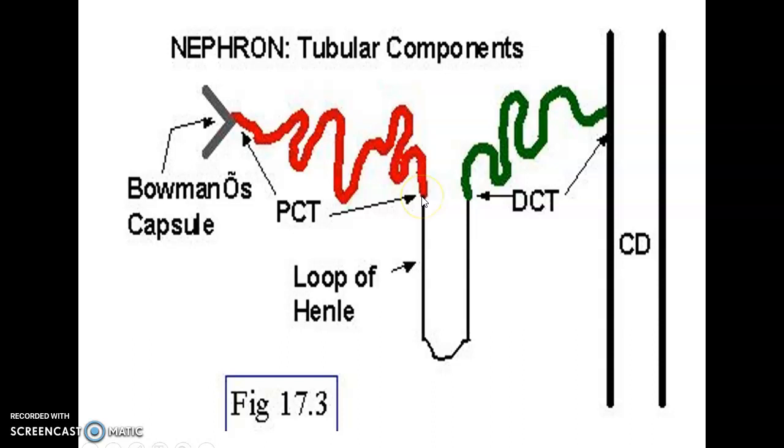So if we have a look once again in the diagram, you can observe that the loop of Henle first descends. So this is the descending limb, and then it takes a U-turn, and then it goes up, it ascends. So this is the ascending limb. So the loop of Henle can be categorized into the descending limb as well as the ascending limb.